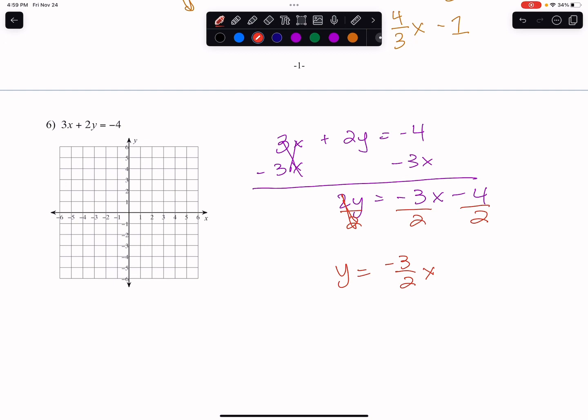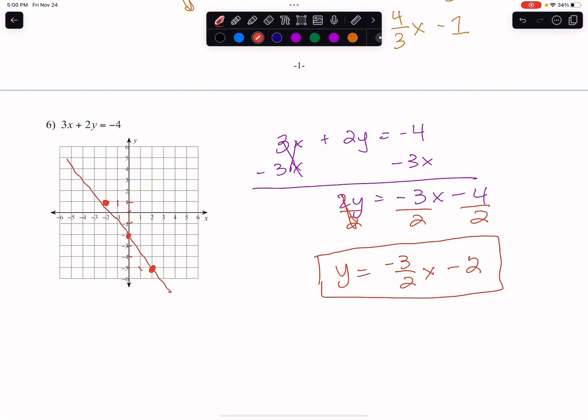Negative 4 divided by 2 is a negative 2. So now I need to graph that. It's going to cross at negative 2. Down 3 over 2, up 3 over 2. Perfect. There's our line.